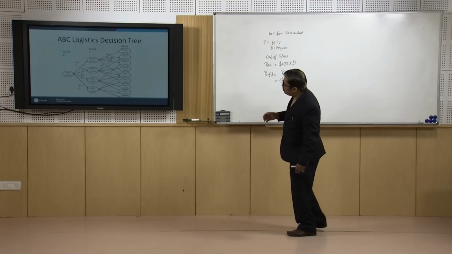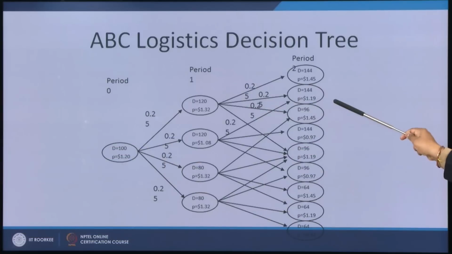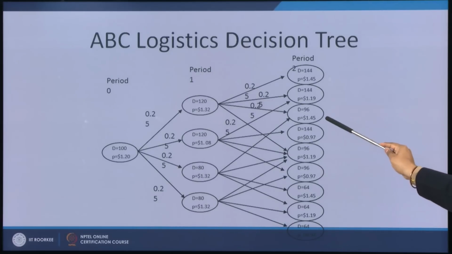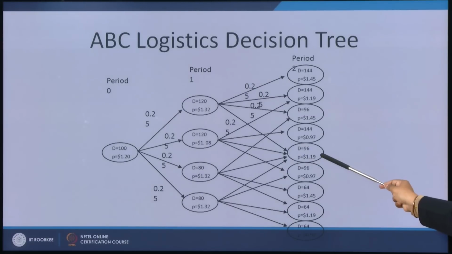Similarly, with respect to 144 and price 1.19, I will calculate the profit. With D equals 96, price 1.45, I will calculate the profit, and the other state is D equals 96 and price 1.19, I will calculate the profit.